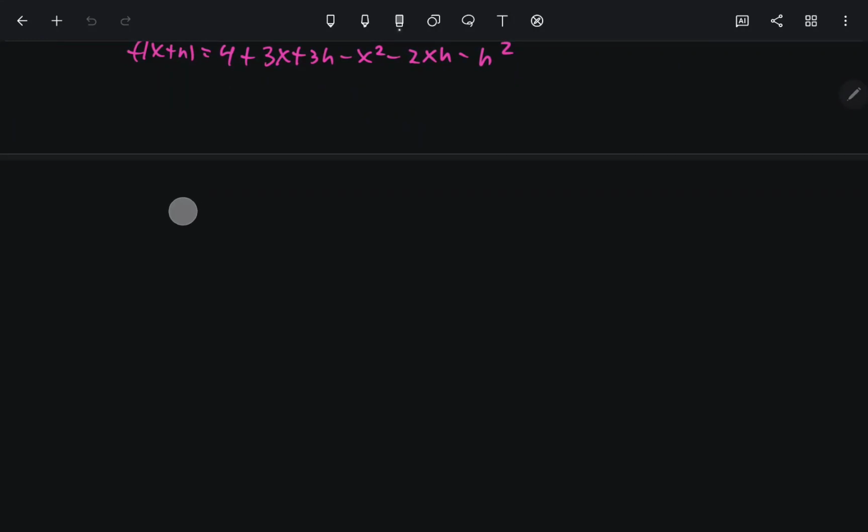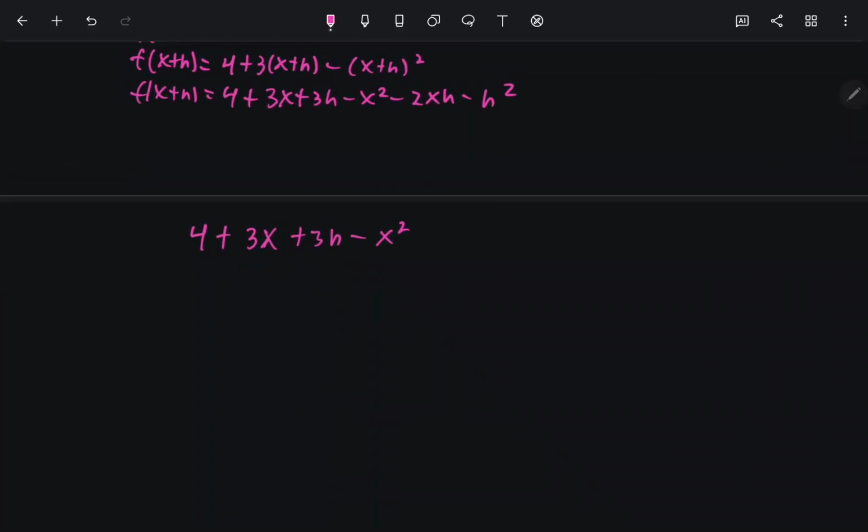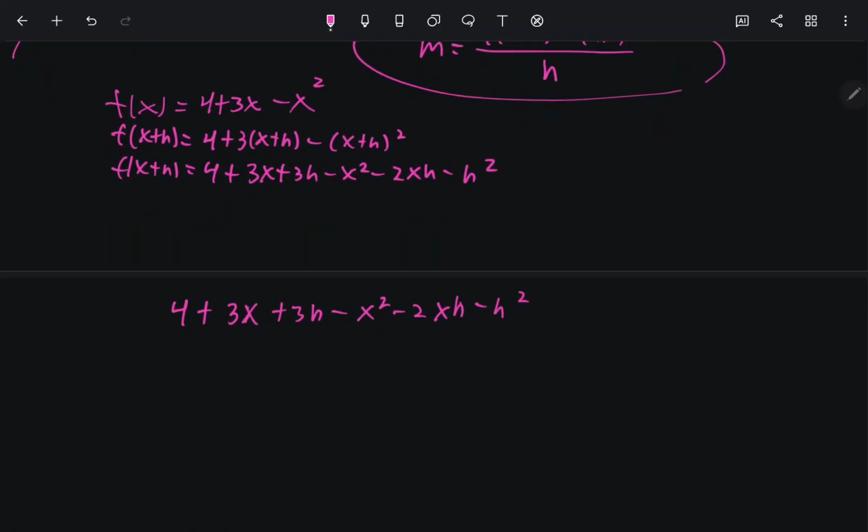So we are going to do 4 plus 3x plus 3h minus x squared minus 2xh minus h squared minus our original f of x. So this is going to be minus 4 minus the 3x plus the x squared. And all of that is going to be over h. And this is equal to m.